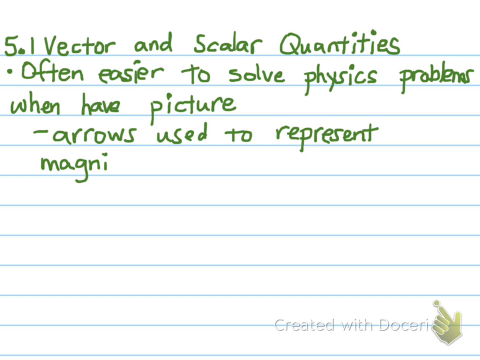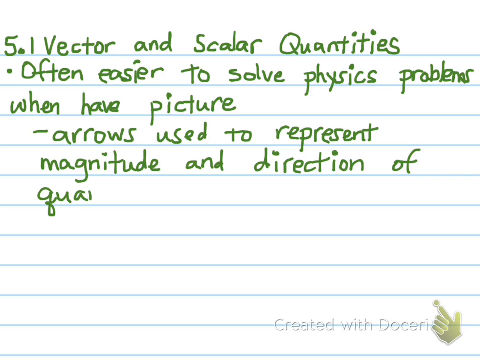Remember, magnitude has to do with the size and the direction of quantities or amounts. Okay, so these arrows, they are called a vector. So remember, we have vector quantities.